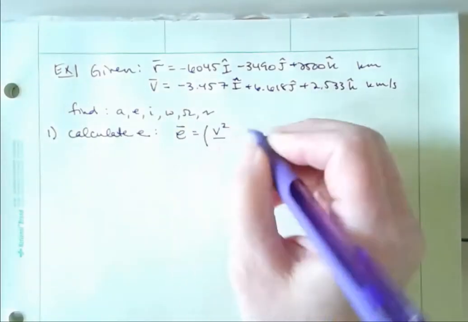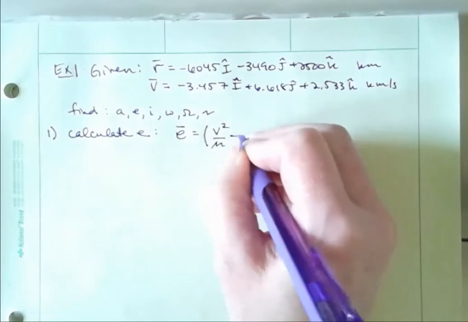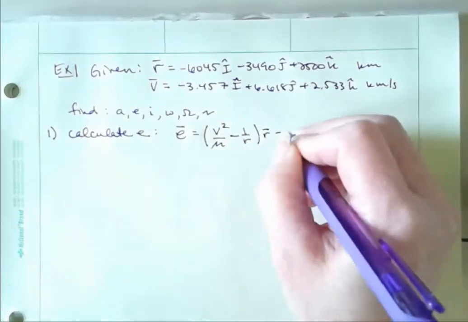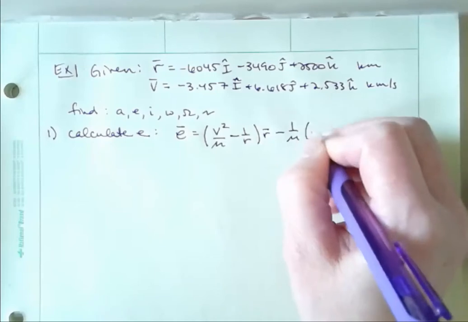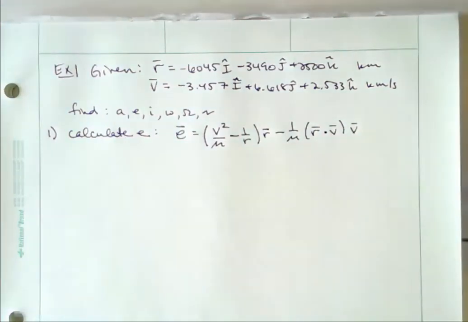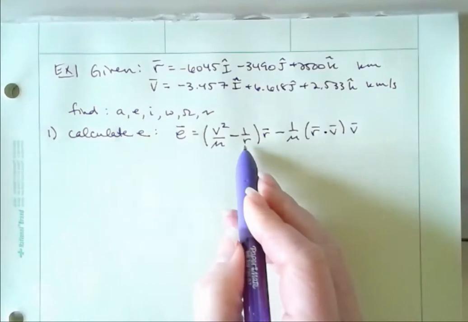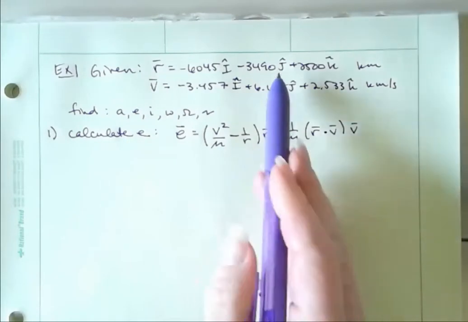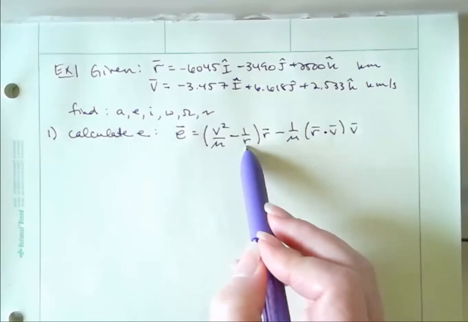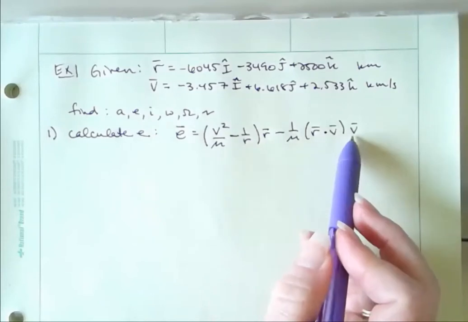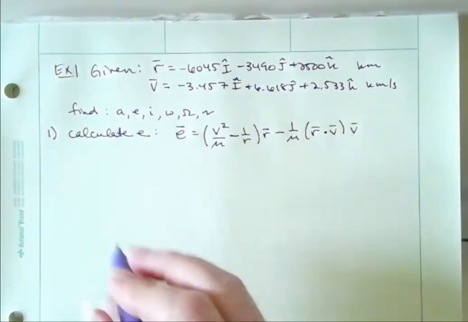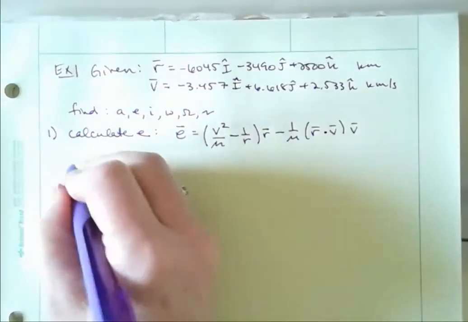So let's write that out: v squared over mu minus 1 over r times the position vector, minus 1 over mu times r dotted with v times v. You just need to take the magnitude of the two vectors you were given, because you need the magnitude of r and the magnitude of v. So find the magnitude.